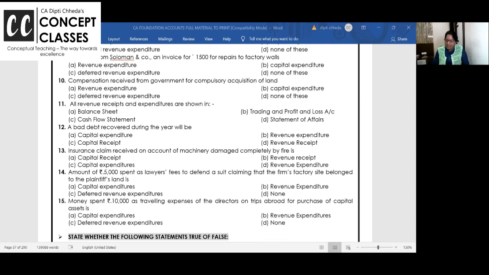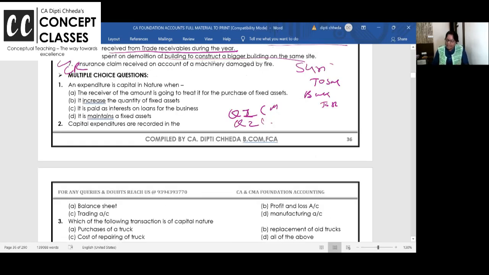An expenditure is capital expenditure in nature when the receiver of the amount is going to treat it for purchase of a fixed asset, when it increases the quantity of the fixed asset. It is paid as interest on loan for business. Interest is revenue expenditure. Maintaining the asset is revenue. So out of all this, which is a capital expenditure? B1.